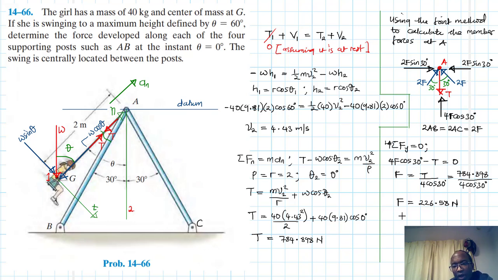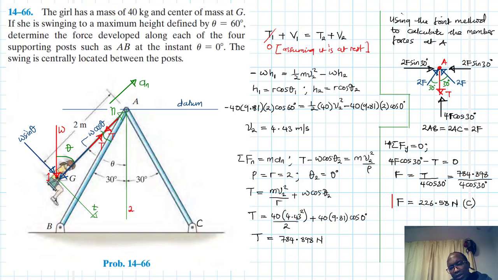Alright, and it is compressive. I can even just say in brackets there, C for compressive. So 784.898 divided by 4 cos 30, 226.58.